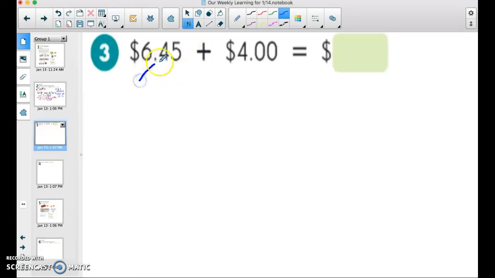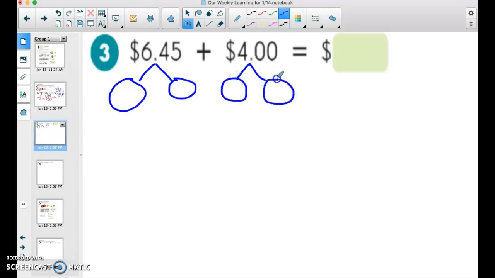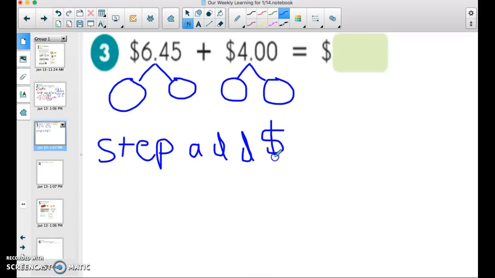Your second step is going to be creating your number bonds. So as you're creating these number bonds, I'm going to be going around to make sure that you are separating your dollars and your cents. So show that on your white piece of paper, okay? And then your next step is remember to add your dollars first. And get your amount. Step 1.